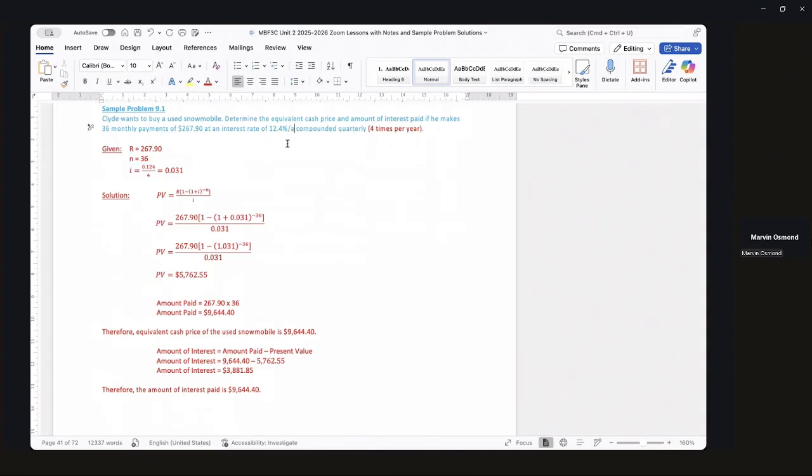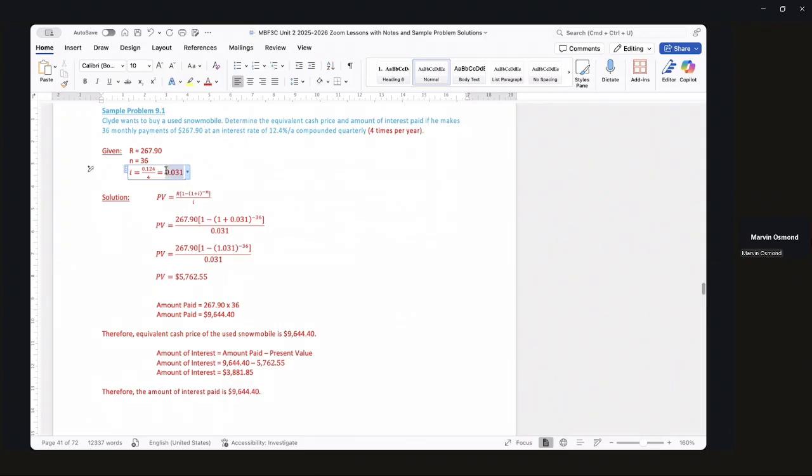So 12.4% divided by 4. So again, as I said earlier, whenever you're working through these problems, put those numbers into the calculator. 0.124 divided by 4 equals 0.031. And again, these numbers have to be in decimal format.